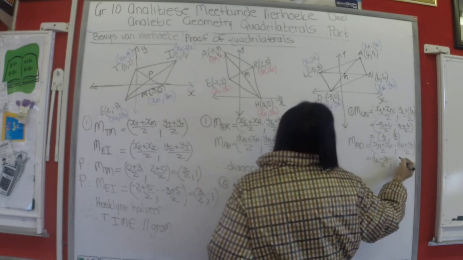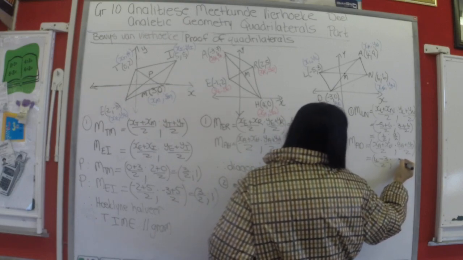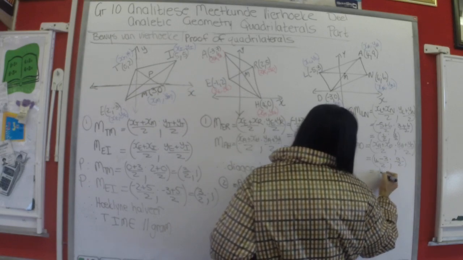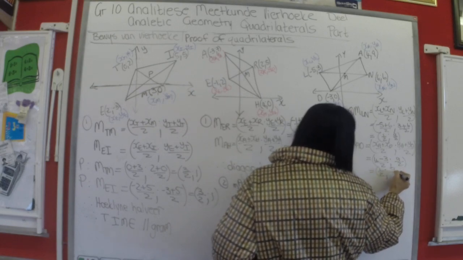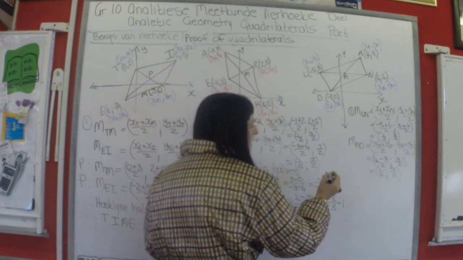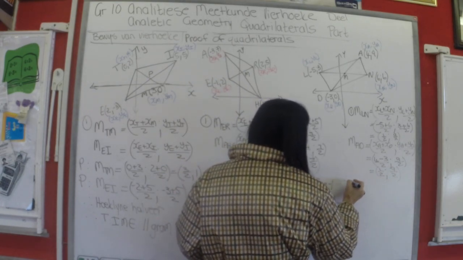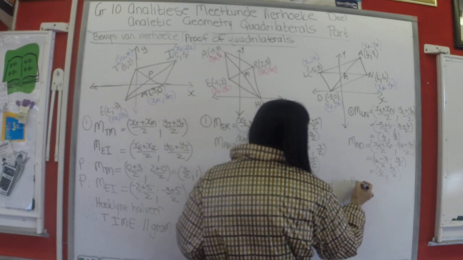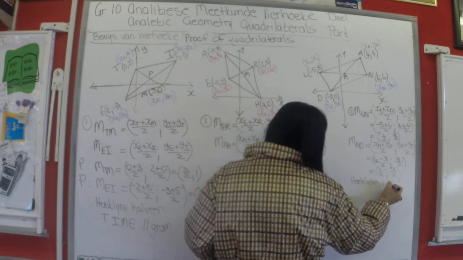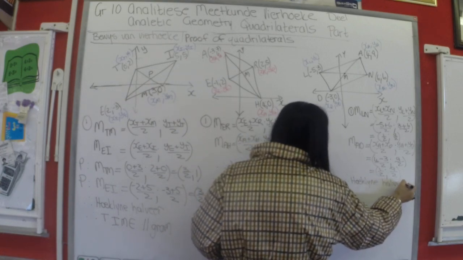En ons het die y-waardes, dis 9 minus 0 gedeeld deur 2. En dit gee vir my 'n half en 9 op 2. En daar het ek bewys dat die hoeklyne mekaar halveer. Therefore, the diagonals bisect each other. Dis al wat ek nodig het om te bewys.